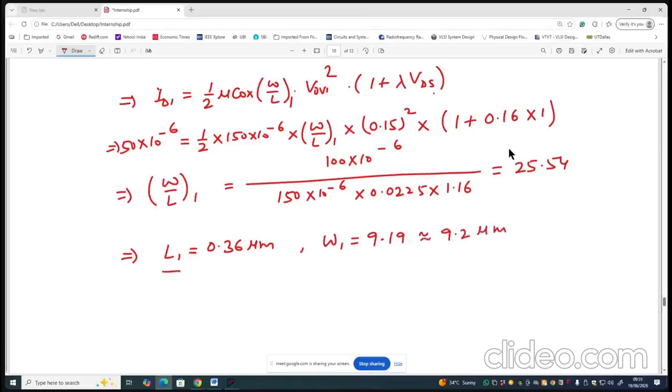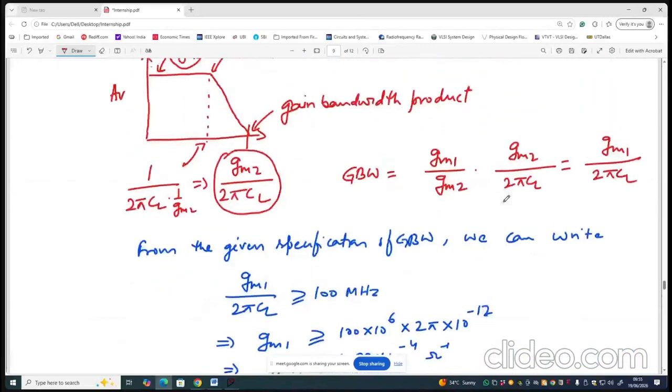So now from the earlier relation, for W upon L2, we can take 1. If we take W upon L2 to be 1, this relation will be satisfied.